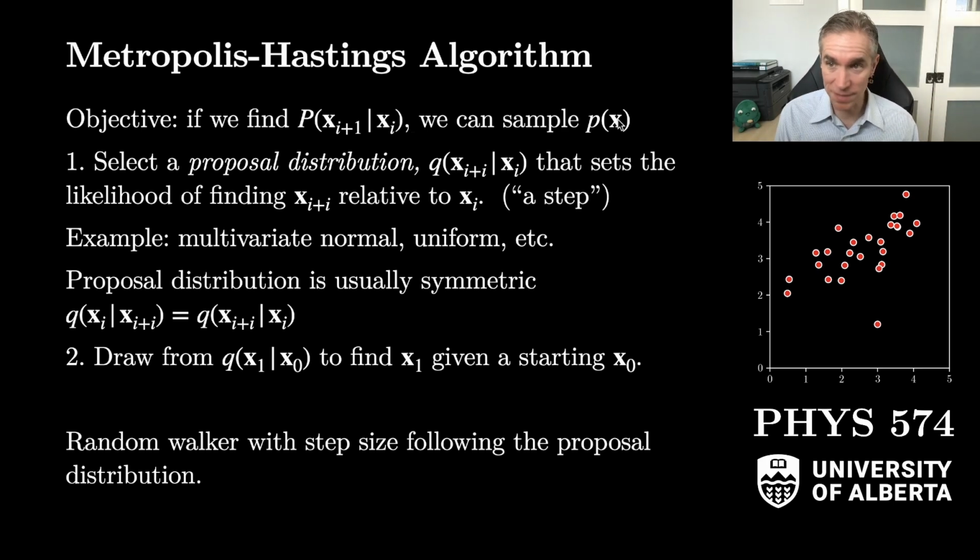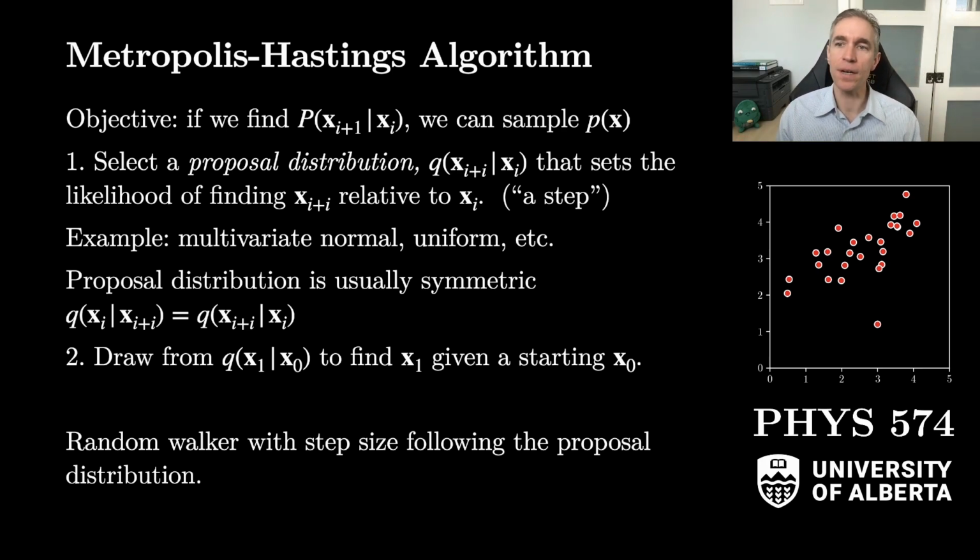So that's what we get. And the way we do this is we introduce what we call the proposal distribution. That's another probability function, Q, where Q of x_{i+1} given x_i is a statement of how I find x_{i+1} relative to x_i.